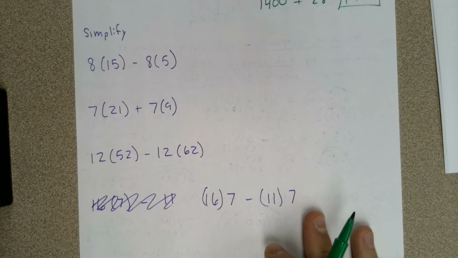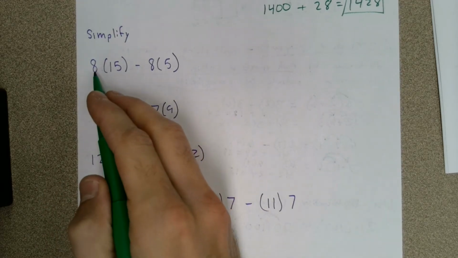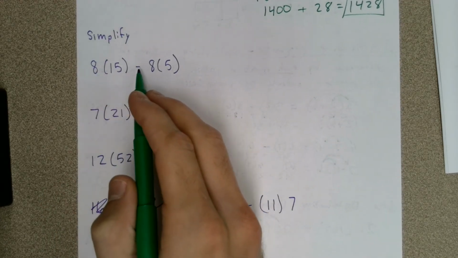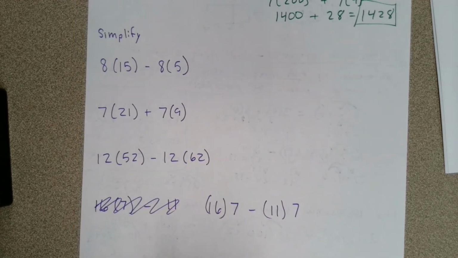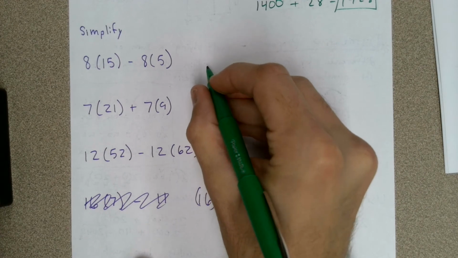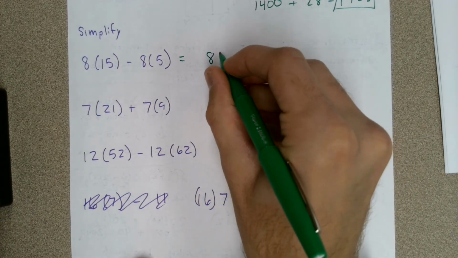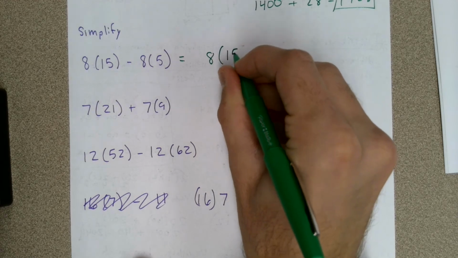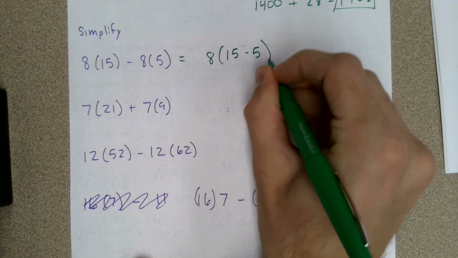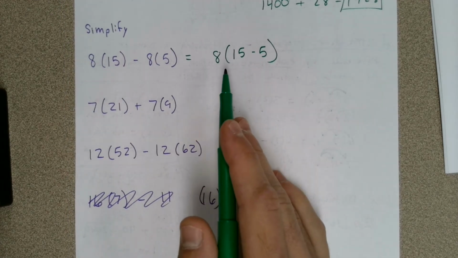All right. Now we're going to work on our simplifying a little bit. This is going to seem like a reverse of what we just did. So we see 8 times 15 minus 8 times 5. If we think about this backwards, we could rewrite this as 8 times 15 minus 5. Does that work?